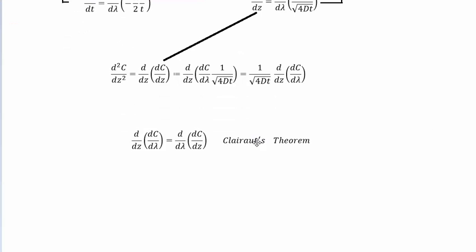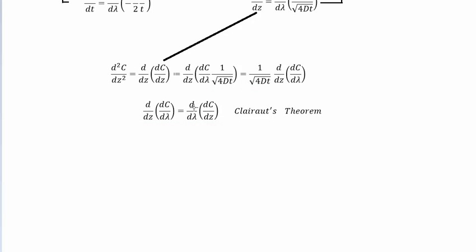We're going to invoke the use of Clairaut's theorem, which says that the cross partials are equal. So if we're taking the partial derivative of c with respect to lambda, it's the same as taking it with respect to z and then lambda afterwards. It doesn't matter which order you take the partial derivatives. They're going to be equivalent when you do it out that way.